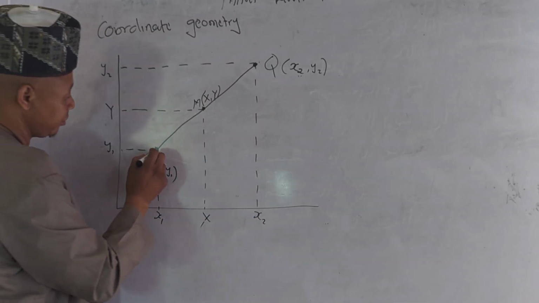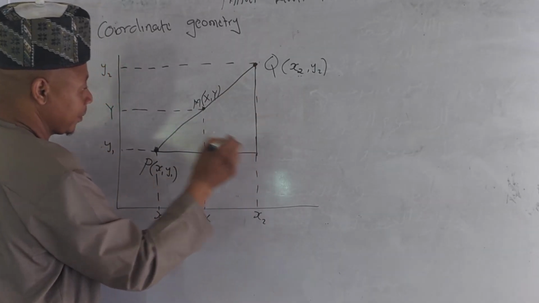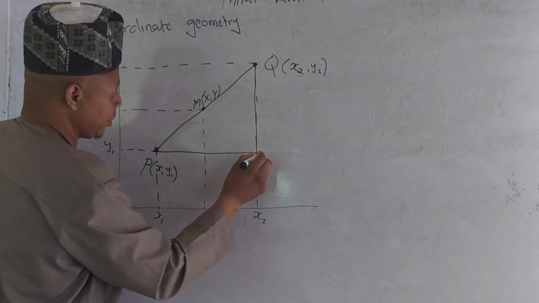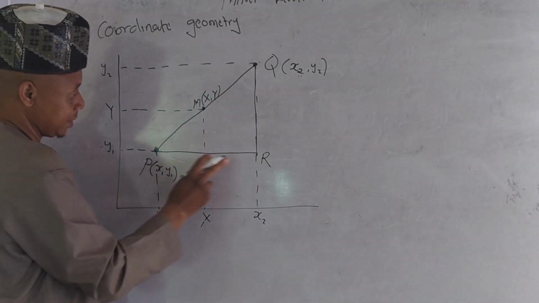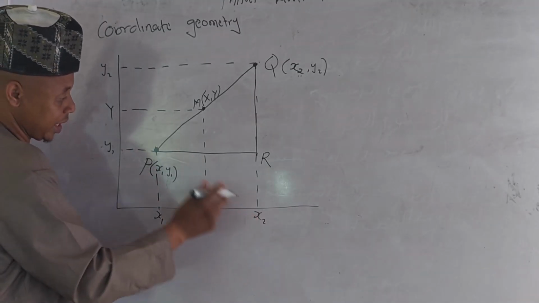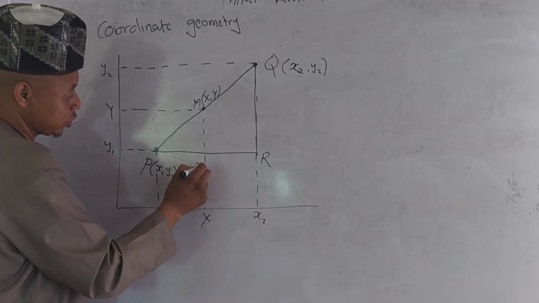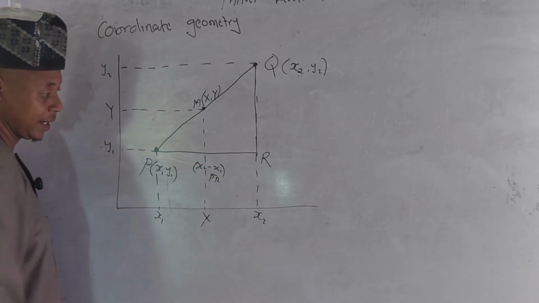So if I have a triangle like this, let me say this is point R. This line PR, initially we said, is the difference between these 2 points, x2 minus x1 is line PR, right?